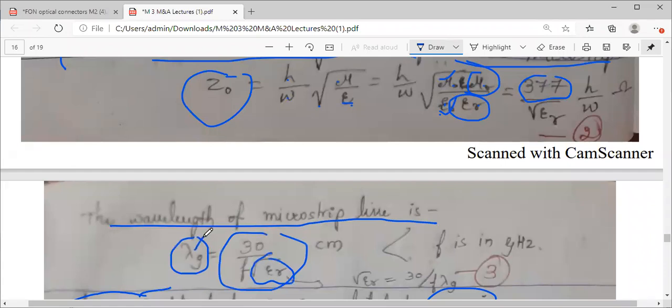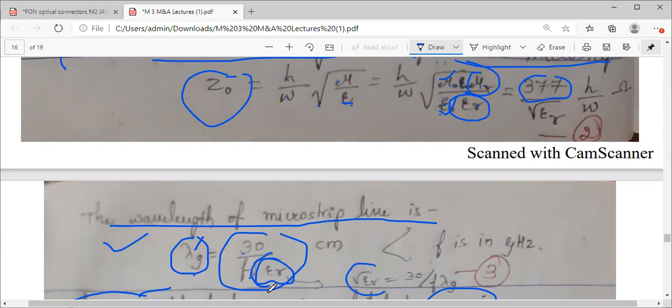Why I am taking the wavelength concept is because we are mainly dependent on the frequency of operation also. When you design a microstrip line, there are many parameters you need to take into account. One is the medium, then you have the width, thickness, height, those geometric parameters, then characteristic impedance, and one more is the frequency of operation. So that is also important. That's why I'm taking the reference of this equation. Lambda G is 30 by F into root epsilon r. From this, I will take what is root of epsilon r.